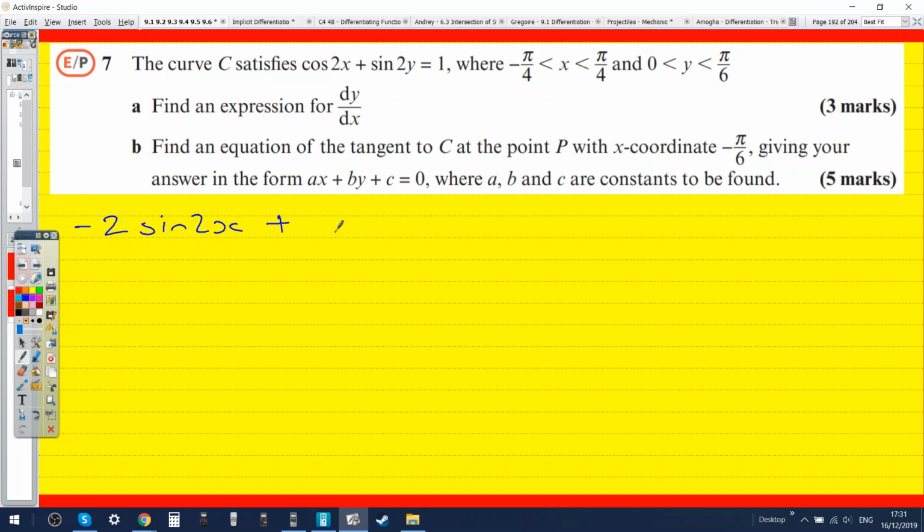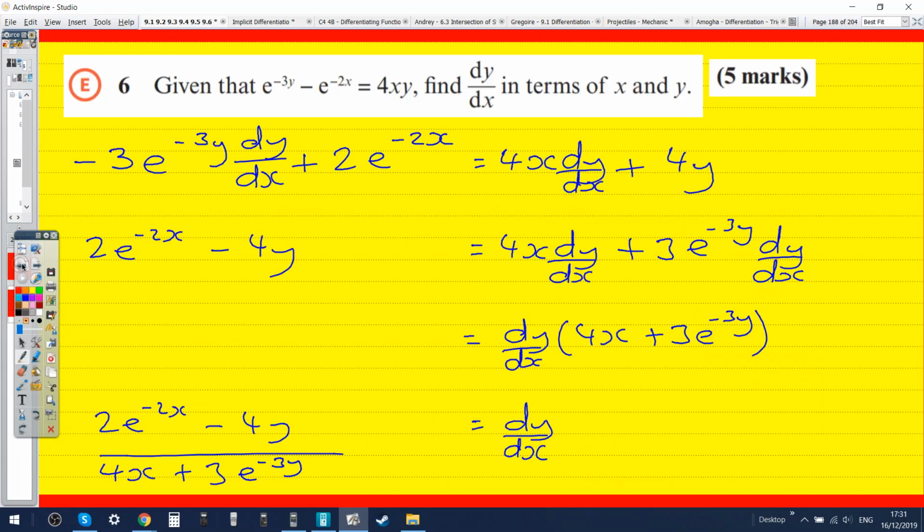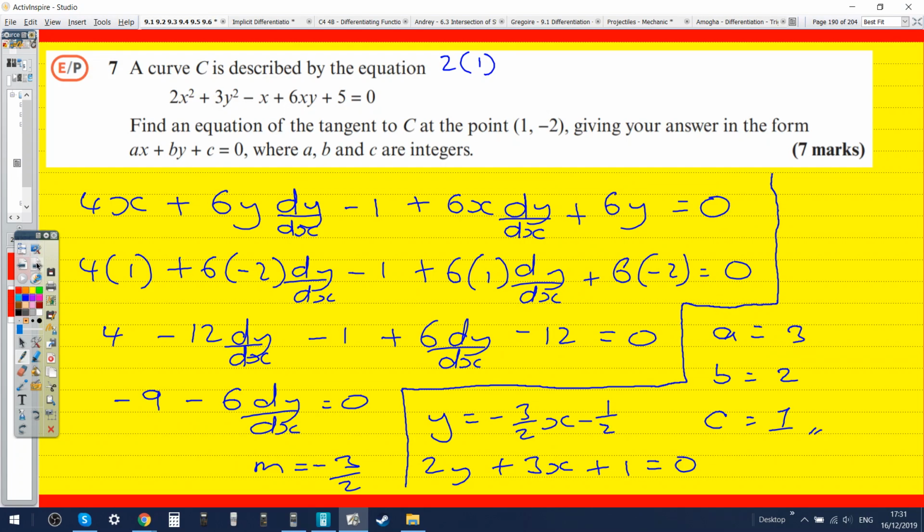Plus 2 cos 2y dy by dx. This is 2y dy dx in the same way that our e worked.